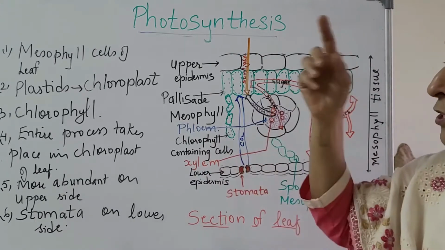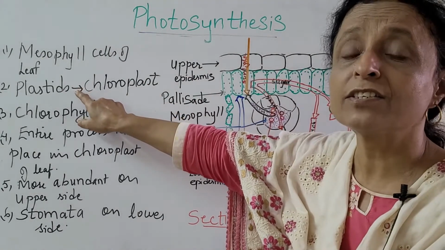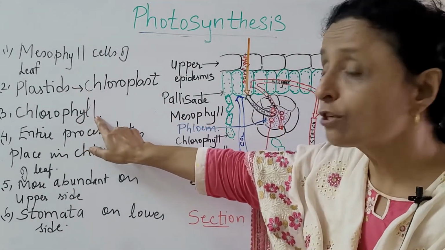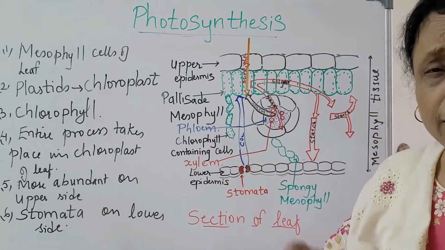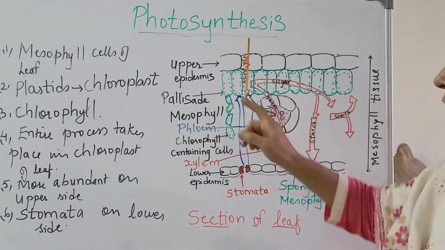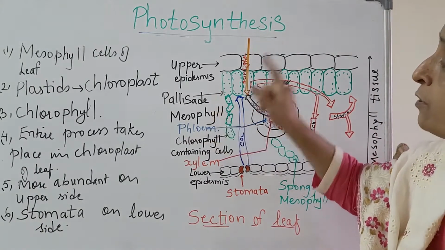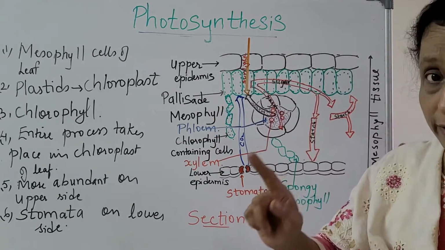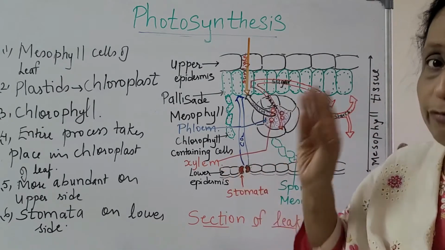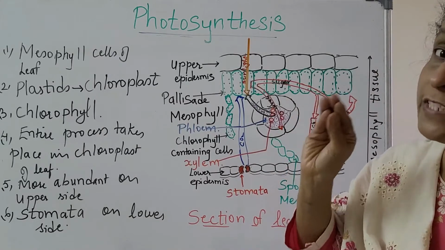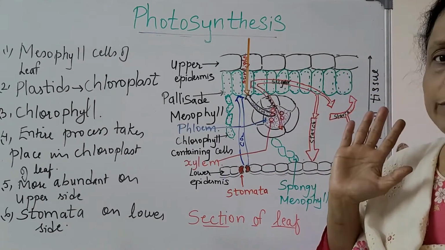There is a special organelle, plastid, which contains chlorophyll. Therefore they are known as chloroplast. Just remember that this palisade mesophyll will have an organelle which is chloroplast. It will contain chlorophyll which is beneficial in photosynthesis.